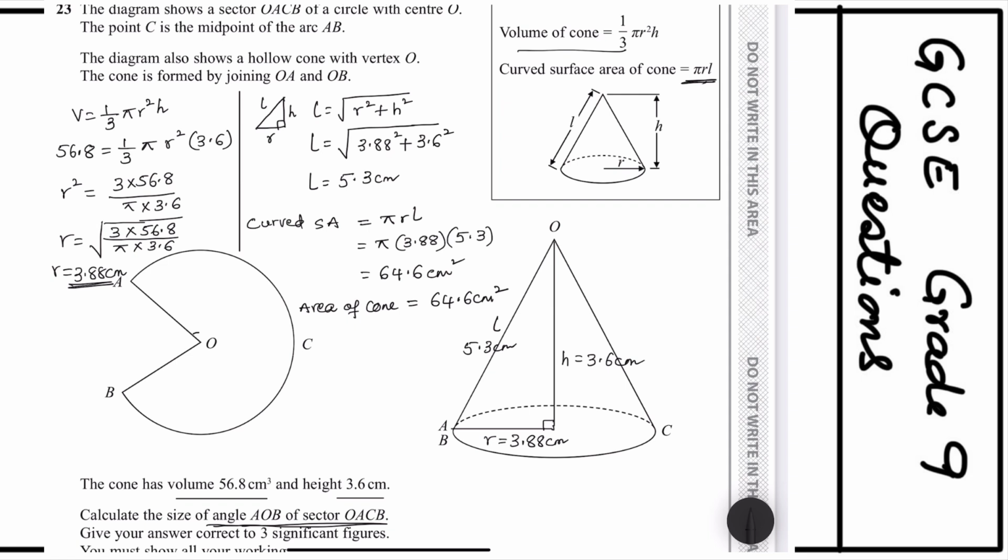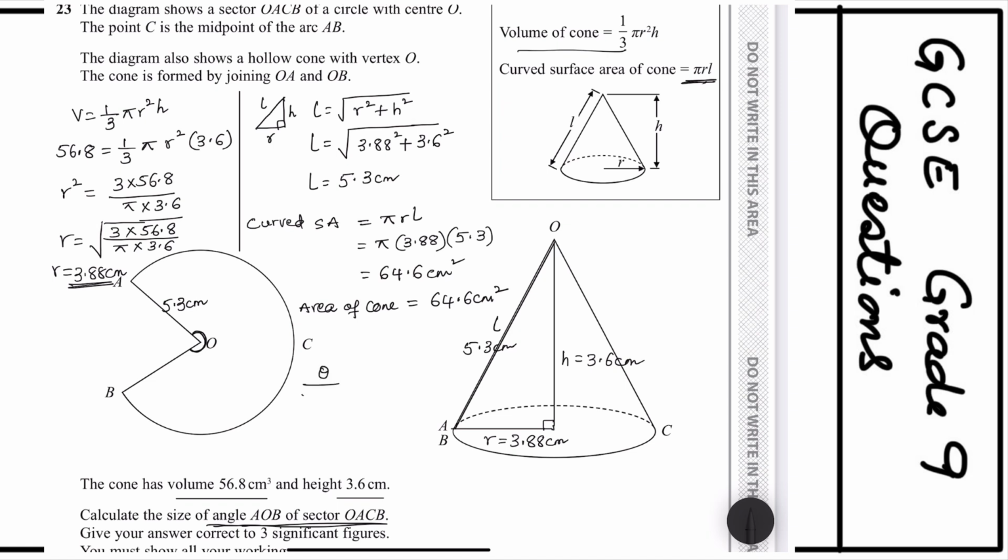So now we are going to find angle AOB of the sector. So label that one. And OA is the radius of the sector now, 5.3 centimeters. So write down the formula for the area of the sector.